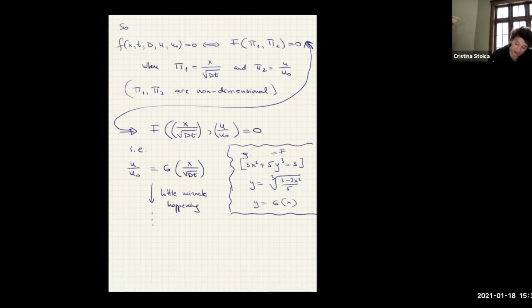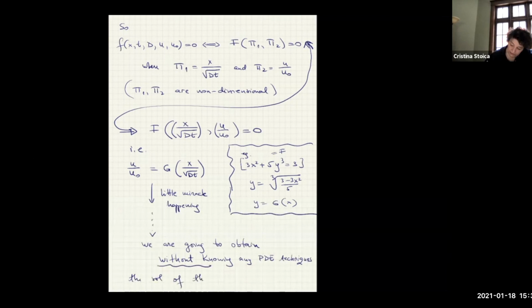Somehow we're going to end up with the solution of the ODE, of that PDE we are going to obtain without knowing any PDE techniques. The solution of the initial PDE.